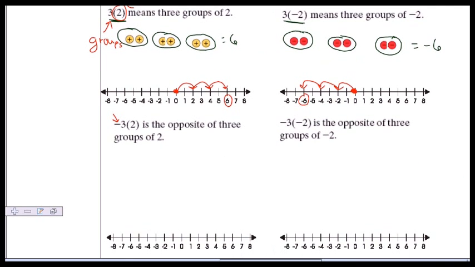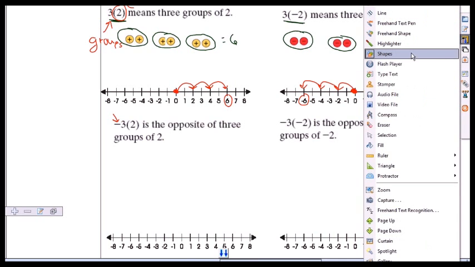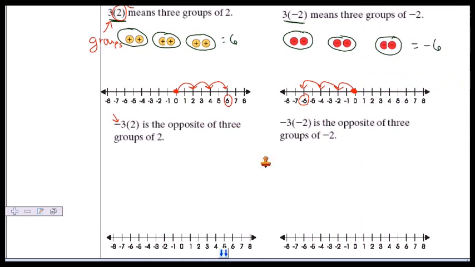Since we had 3 groups of 2 positive counters, the opposite of that would be 3 groups of 2 negative counters inside each group. So in this case, my answer would be negative 6.